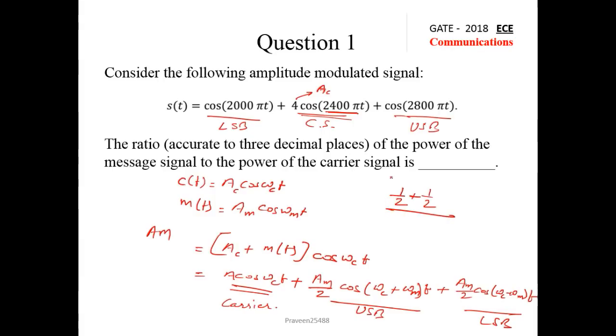So we divide it by the power of the carrier signal. The amplitude of the carrier signal is given as 4, so this would be 4 square divided by 2. On solving this, easily we get 1 over 8, which is equal to 0.125. So our correct answer would be 0.125.